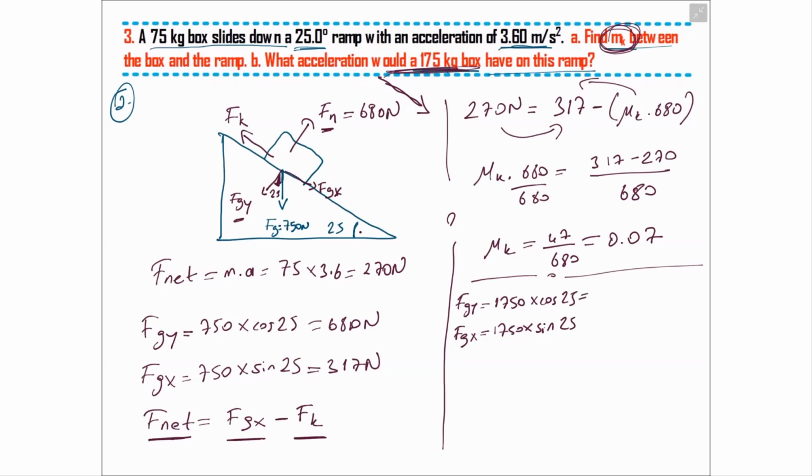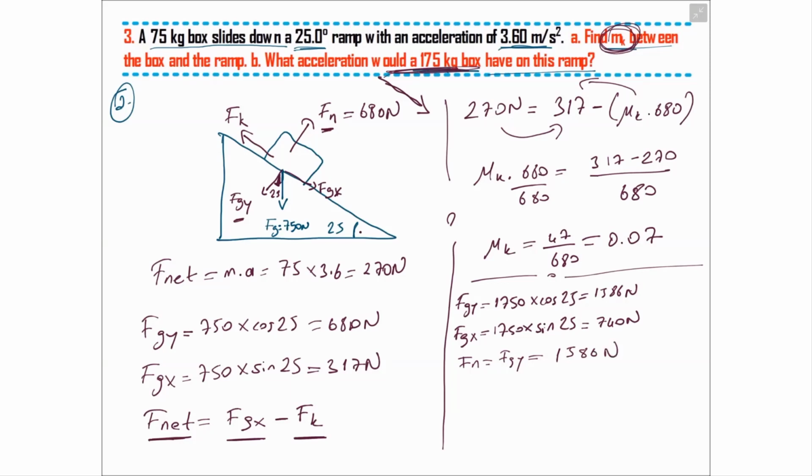So Fgy will be 1586 Newton, and Fgx will be 740 Newton, and Fn will be Fgy here again, because there is only one force in that direction.